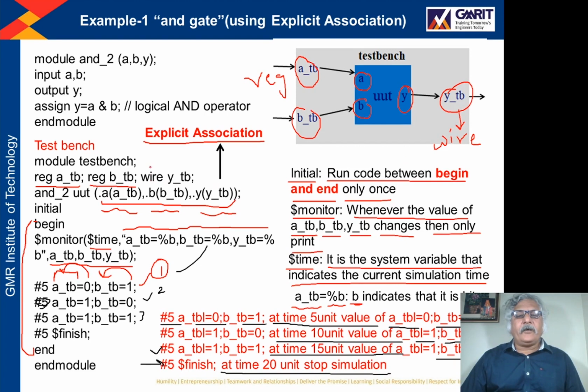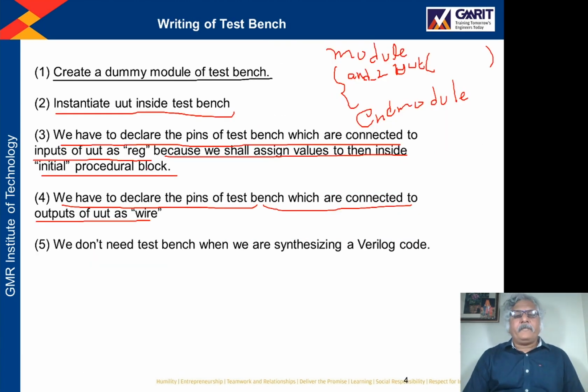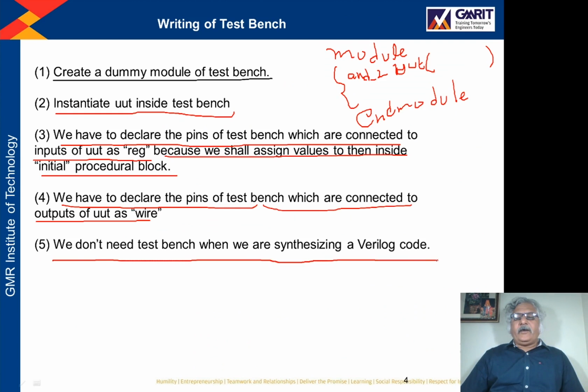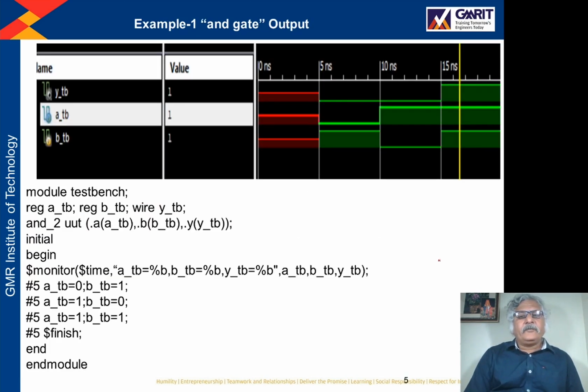Same thing I have declared here, wire y_tv. Now we don't need the test bench when we are synthesizing Verilog code, right? At the time of synthesis, we don't need the test bench. So this is the same test bench module, and this is the waveform of this test bench module.